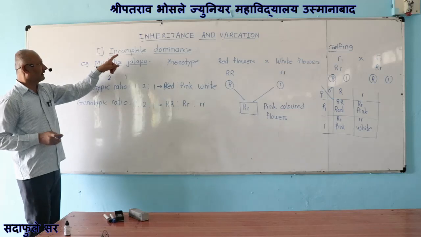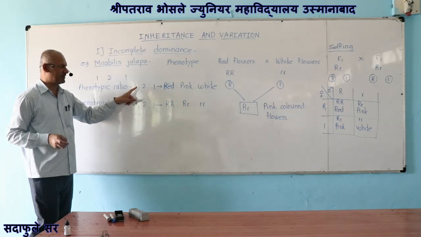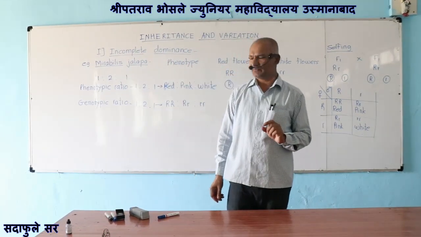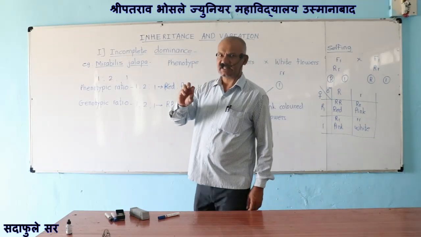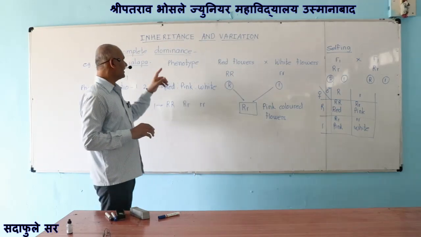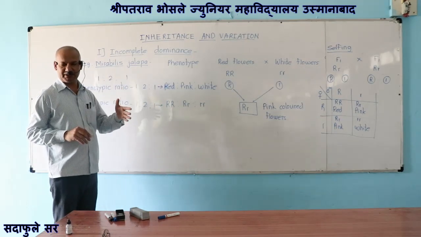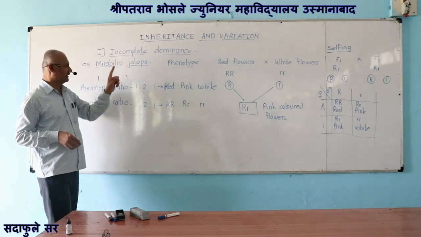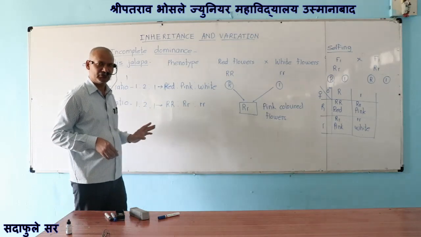Okay. In incomplete dominance, the phenotypic ratio and genotypic ratio are same, that is 1:2:1. So it is the example of incomplete dominance. According to Mendel, there is complete dominance in pea plant, but this is the deviation from Mendelian ratio, that is 3:1 and 1:2:1. In incomplete dominance, the phenotypic ratio and genotypic ratio are same, that is 1:2:1.